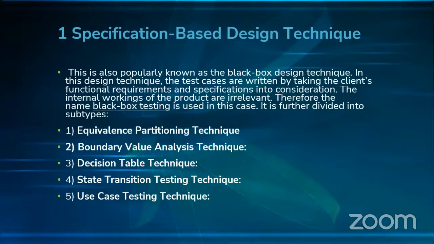It is necessary that you have an understanding of them. The first one is equivalent partitioning. The second one is boundary value analysis. The third one is decision table technique. We've got the state transition testing technique, and we've got the use case testing technique.